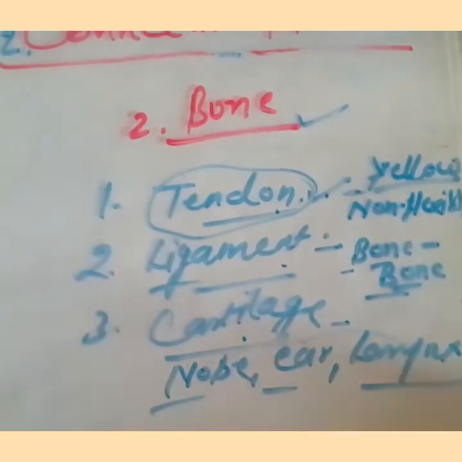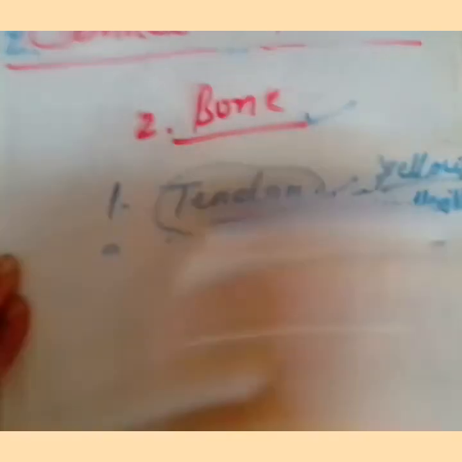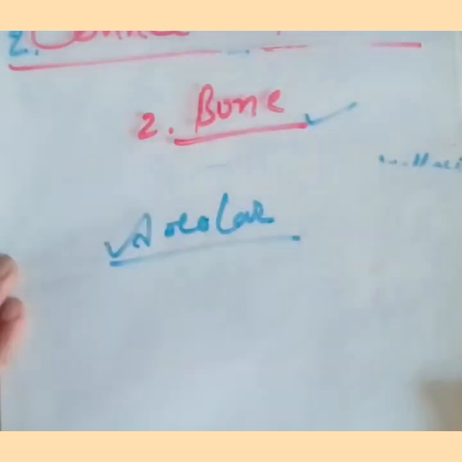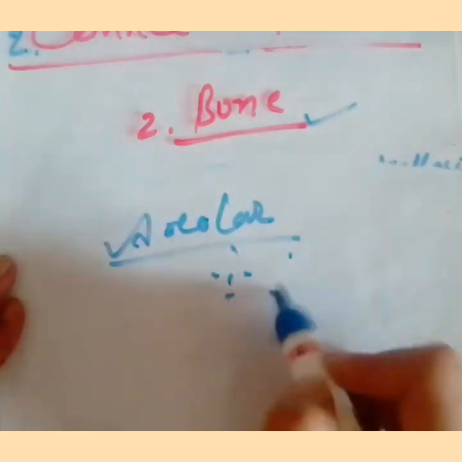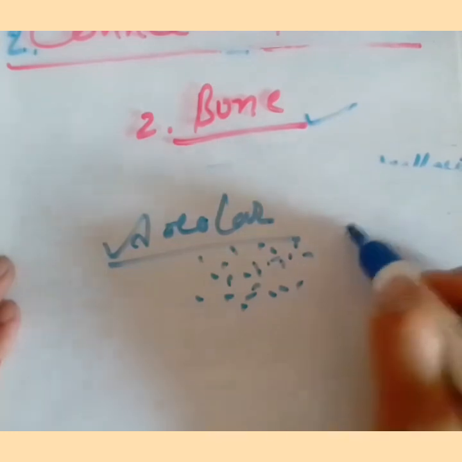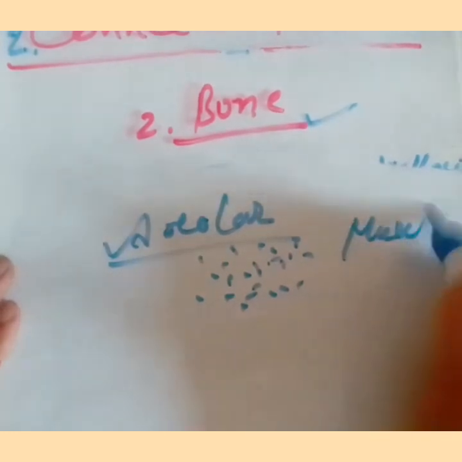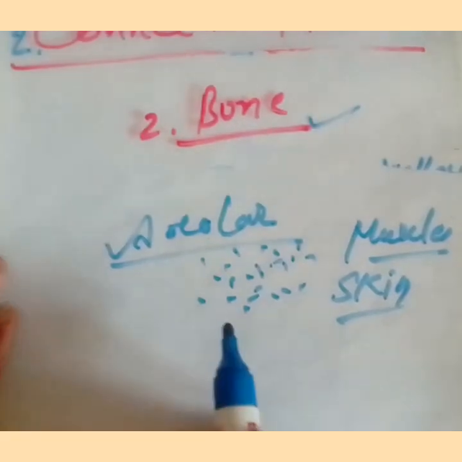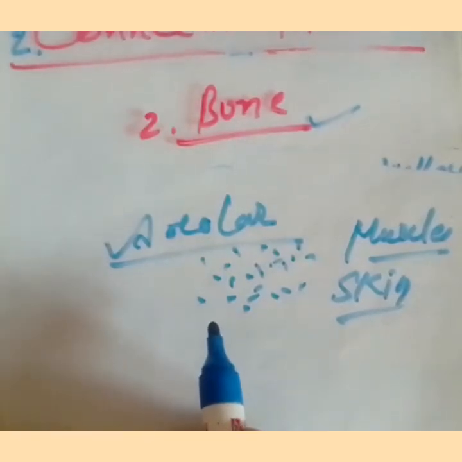Another tissue, also one last one, is the areolar tissue. Areolar tissue, very fine granular. This tissue is present between the muscles and skin. In between the muscles and skin, areolar connective tissue.